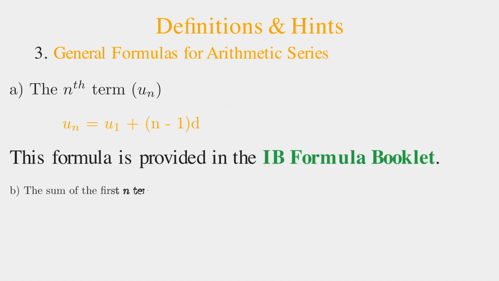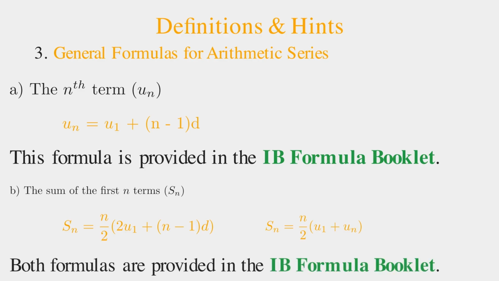Then, for the sum of the first n terms, or S_n as a shortcut, we have two incredibly useful formulas. The first one is n over 2 times 2u_1 plus n minus 1 times d. This one is perfect when you know the first term, the common difference, and the number of terms.